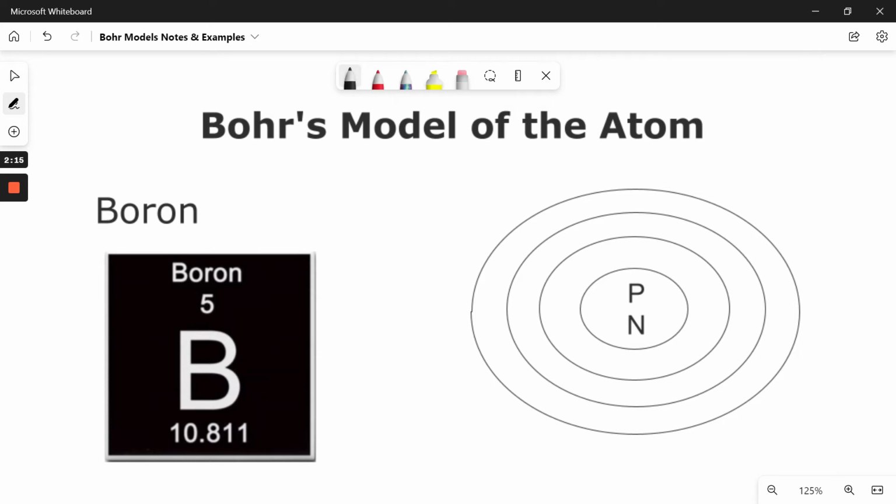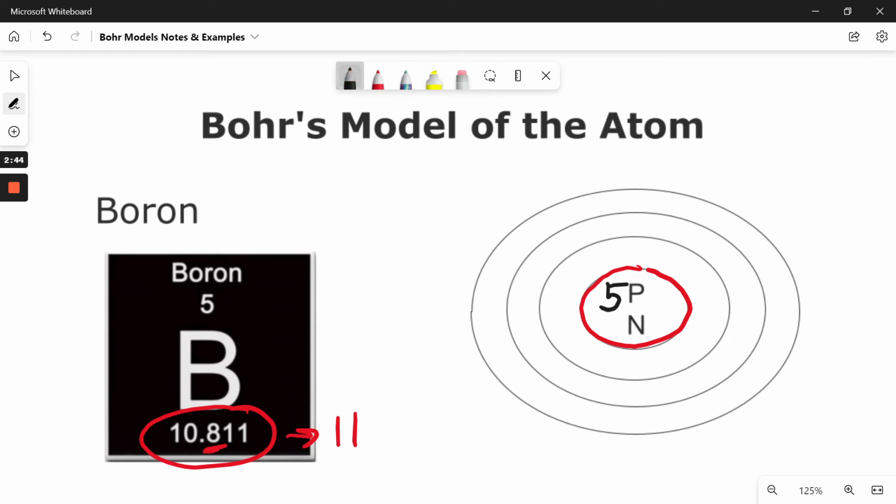So same thing, we're going to start with our protons and neutrons, that are in our nucleus here. Protons are the same as the atomic number. So we're going to have 5 protons. And then remember, we take our atomic mass and round it. So we're going to round this to 11 because the 8 after the decimal is 5 or higher.